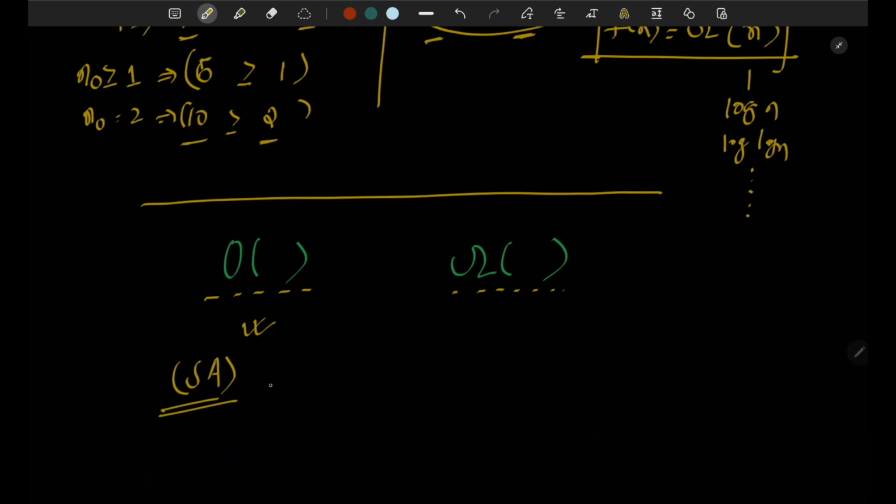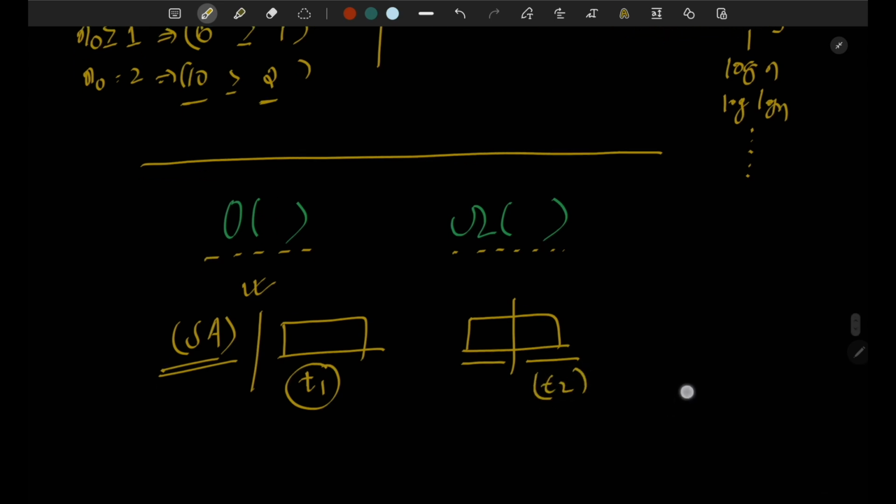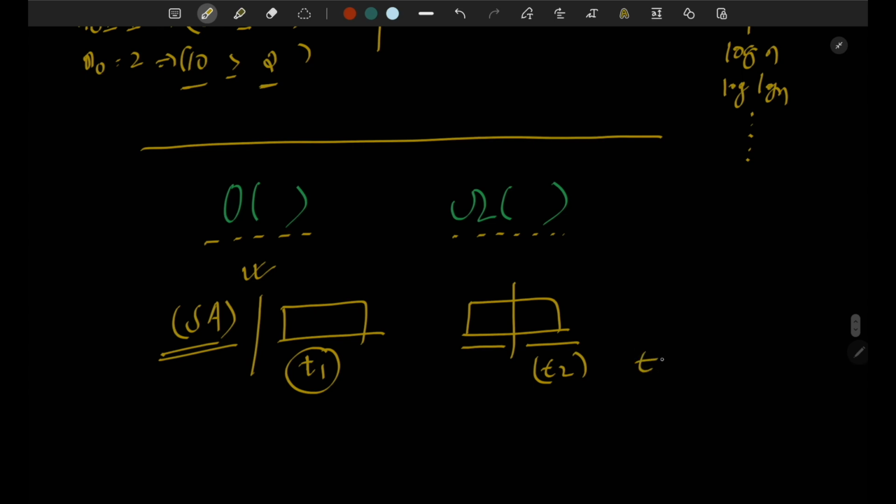Let's say if the array is totally non-sorted, then the worst case could lead to an execution time of t1 seconds. If the array is somewhat sorted, let's say there are two parts that are individually sorted, then the time taken by this algorithm would be, let's say, t2. So it would happen that t2 would be less than t1.